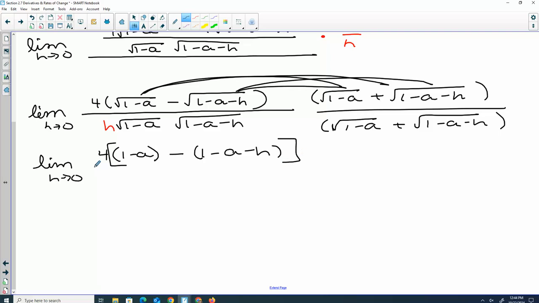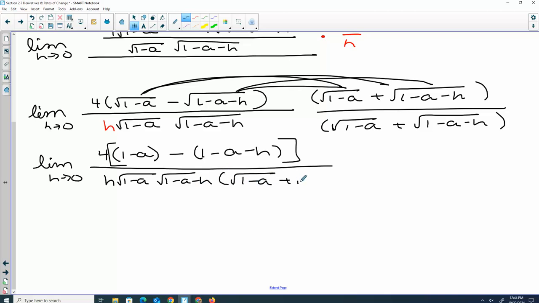I distributed the negative, but yes. Okay, the bottom, we can work on multiplying all this, but I don't really want to. I'm going to leave it all multiplied together. So, on the top, we distribute that negative.